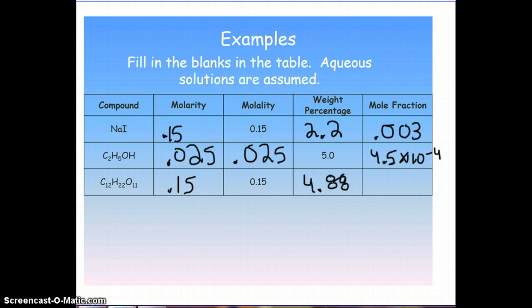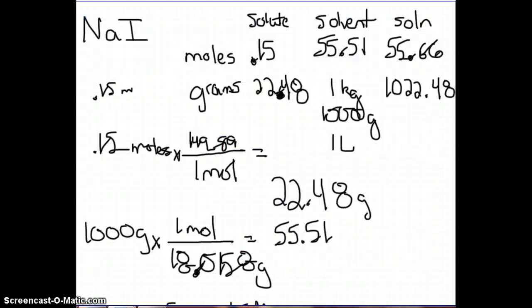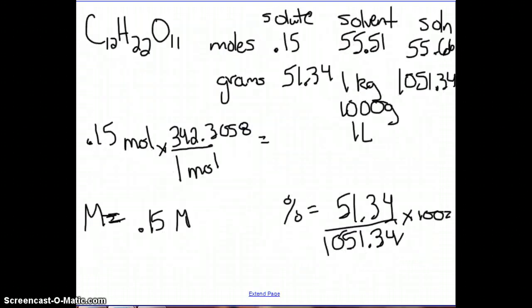And lastly, let's finish off with the mole fraction of the final solution here. Mole fraction of the final solution, we'll have 0.15 over 55.66.